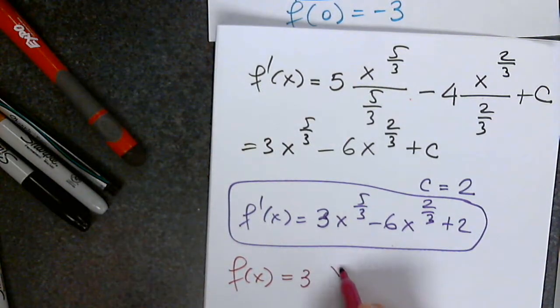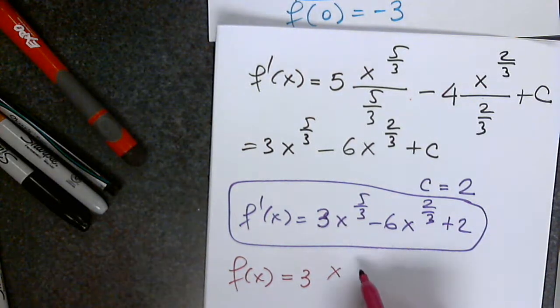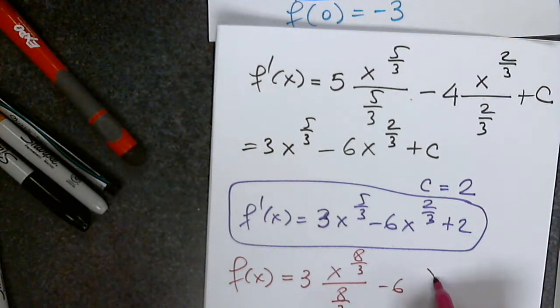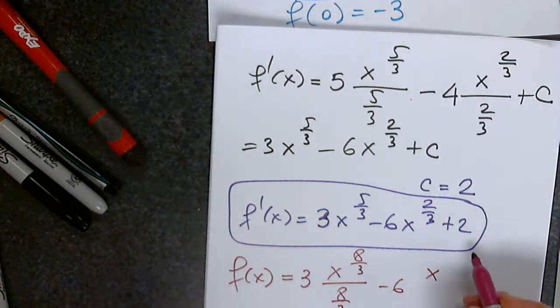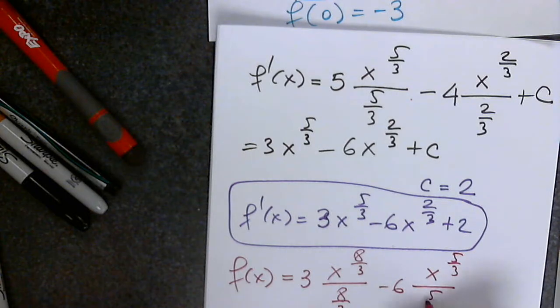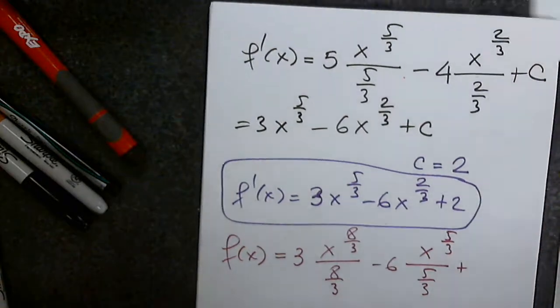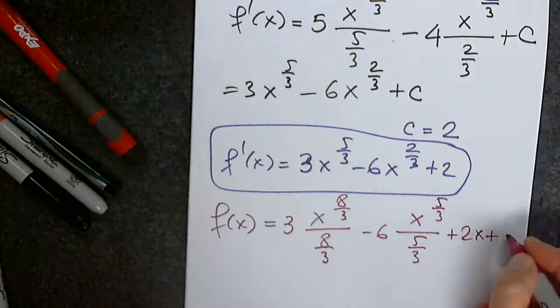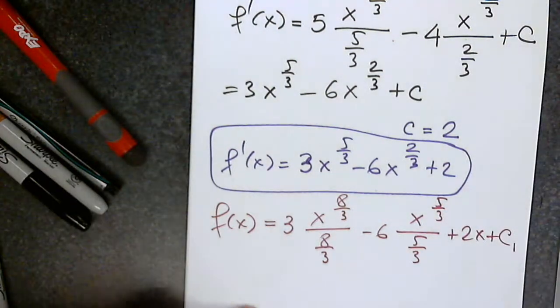So 3x to 5/3 plus 3/3 is 8/3, over 8/3, minus 6x to 2/3 plus 3/3 is 5/3, over 5/3, plus C1, not to be confused with the previous C. If you want to call this one C1 and this one C2, that's fine.